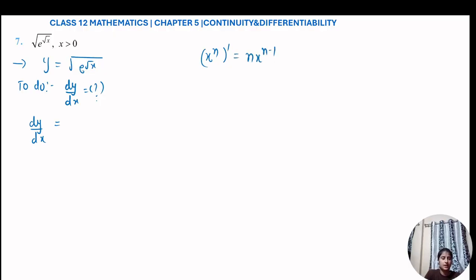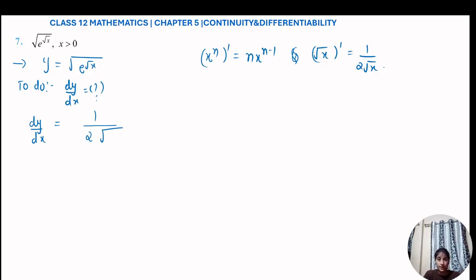So this will be 1 upon 2 times root of, because the derivative of root x is 1 upon 2 root x, so write the argument as it is.